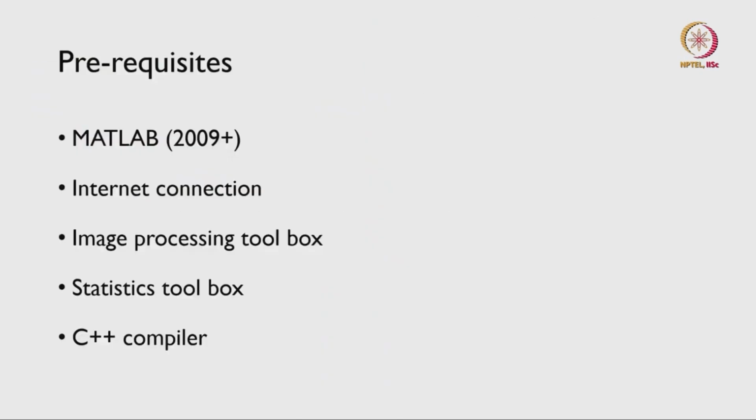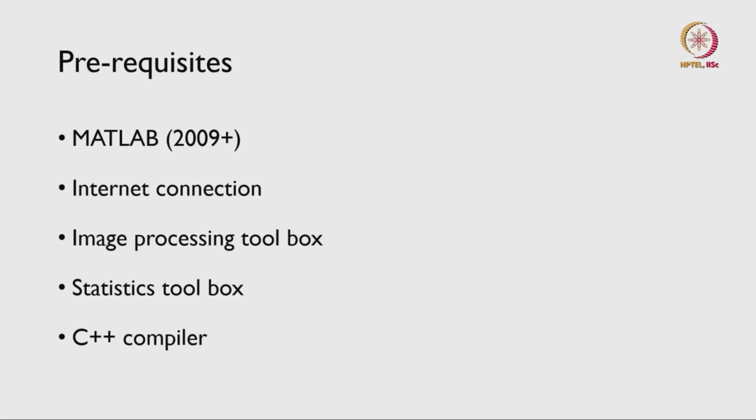Before we start, I will briefly mention what prerequisites are required for this implementation. First you need a MATLAB version later than 2009, and we need an internet connection, because we have to install this software from their website.